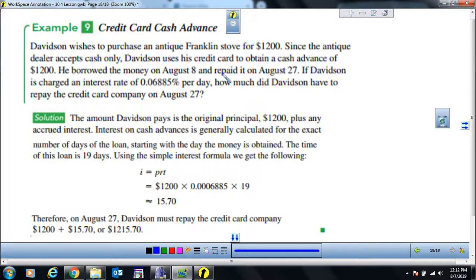Solution says, the amount Davidson pays is the original principal, $1,200, plus any accrued interest. Interest on cash advances is generally calculated for the exact number of days of the loan, starting with the day the money is obtained. The time of this loan is 19 days.